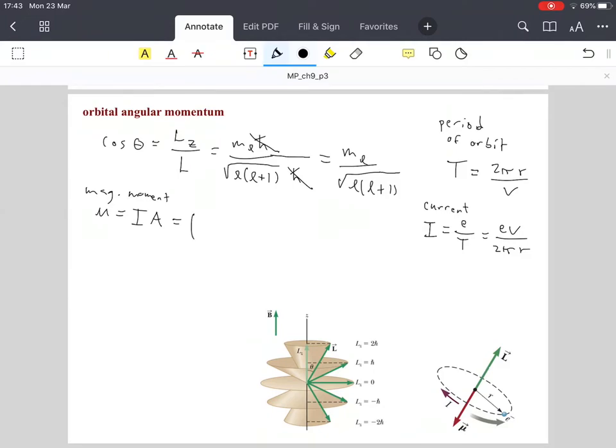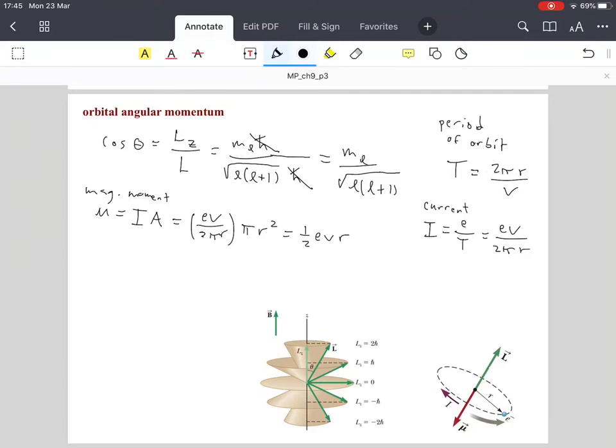So we can substitute in what that is. I was e v over 2 pi r, and the area is pi r squared for that orbit. And so some things cancel: the pi's cancel, and one of the r's cancels. So that ends up becoming 1/2 e v r.